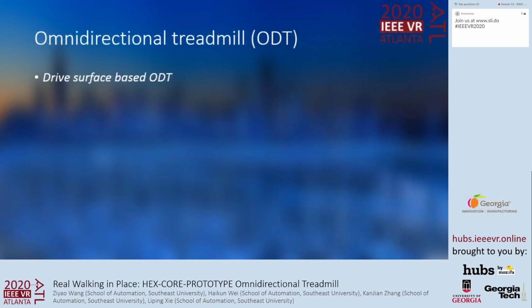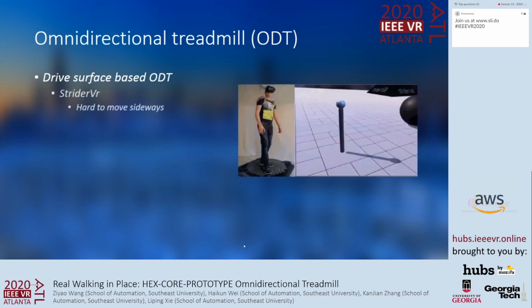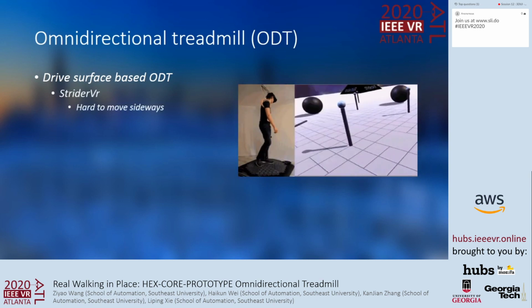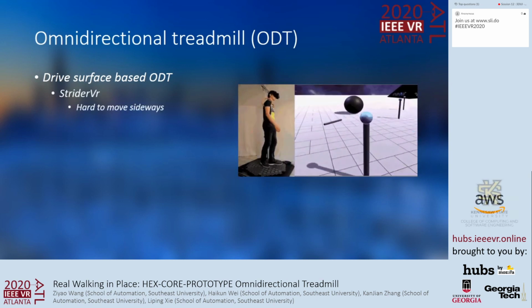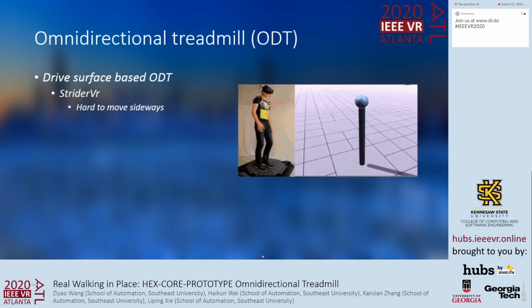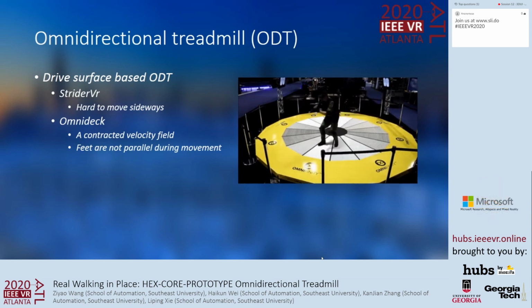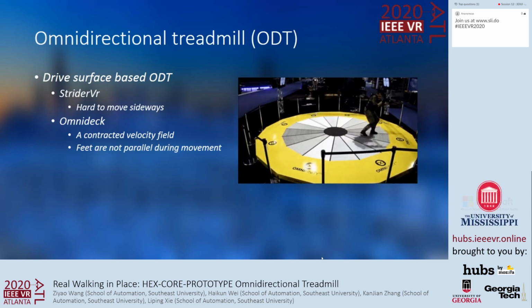A lot of drive surface-based ODTs are based on different principles. The Cyberith Virtualizer will eliminate the rotation of humans, but it is hard to move sideways. The Omni deck could provide the contracted velocity field, so the user's feet are not parallel during movement.